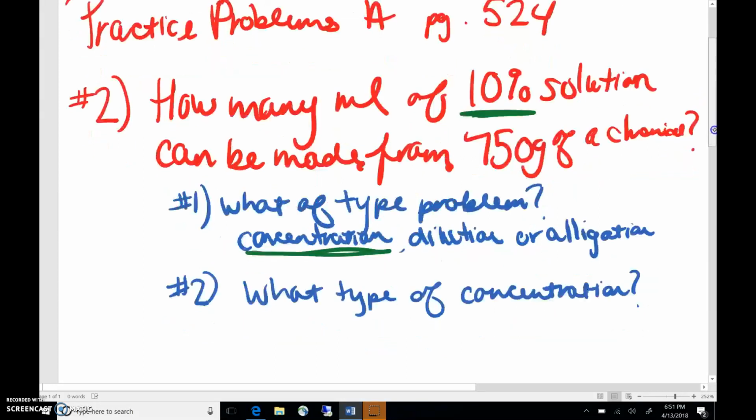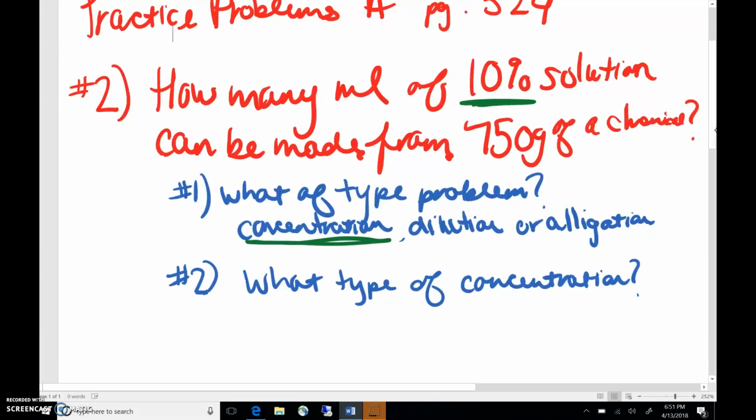Well, in order to figure that out, you have to read the problem. It says how many milliliters of 10% solution can be made from 750 grams. If it's milliliters and grams, you ask yourself, out of those 3 types of concentration, weight to weight, weight to volume, and volume to volume, which of the 3 does this problem match?